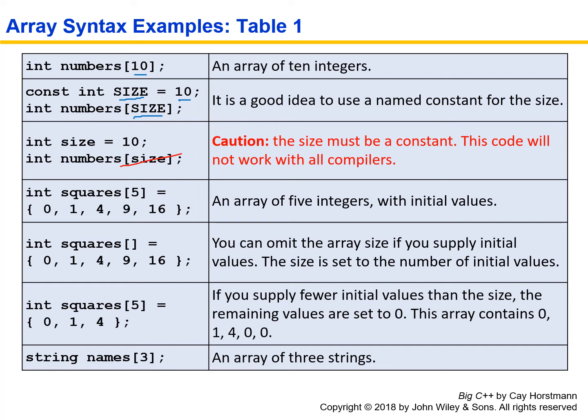Another thing you definitely cannot do is read size in from the keyboard. How many numbers do you want? User enters 10, make an int that's size 10. Doesn't work that way. The compiler has to know the size of the array at compile time.